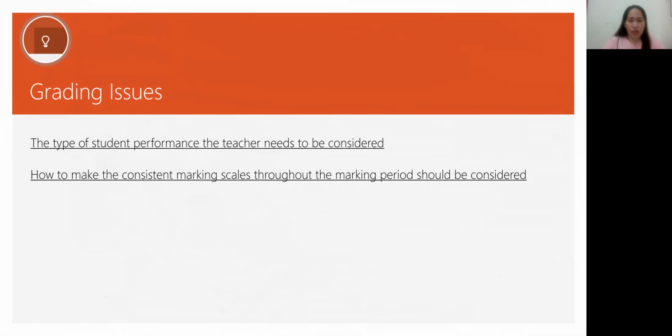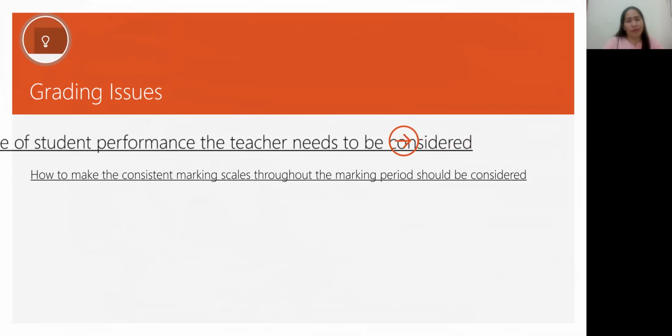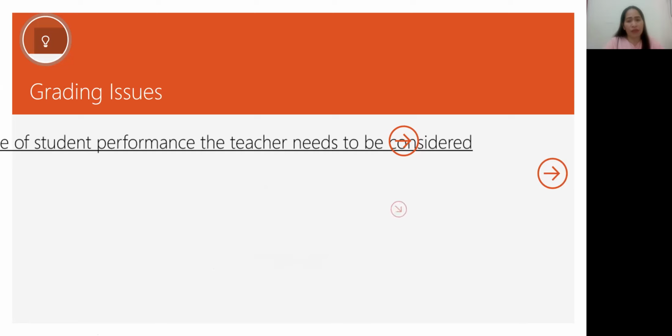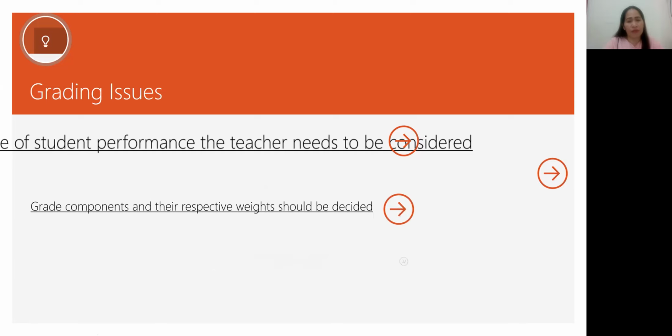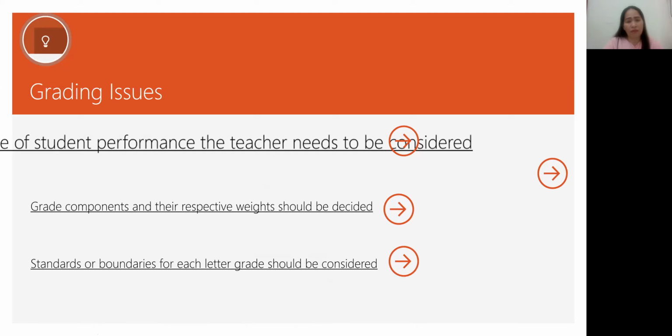Still in the grading issues topic, the type of student performance the teacher needs should be considered. How to make consistent marking scales. Grade components and the respective weights should be decided. Standards or boundaries for each letter grade should be considered.